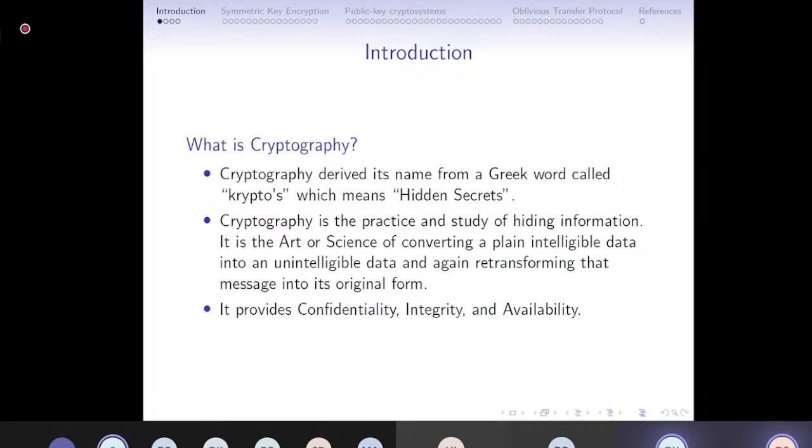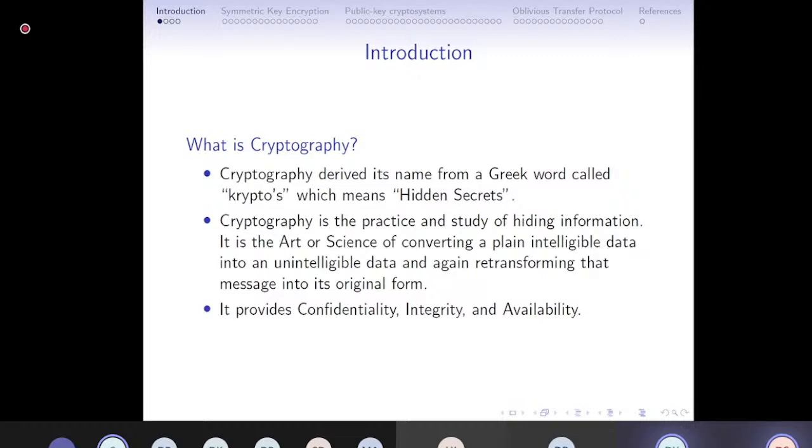Suppose that a person A wants to share some information with the person B. The aim of confidentiality is that when person A sends some data to person B, then only person B can read that data. That means in between, no one can see that message.